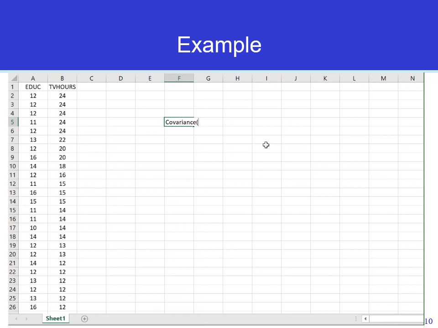So the covariance between education and TV hours watched is equal to, since this is a sample, I'm going to use .S, and then the first array has to be the values for education here. So I'm going to pick all the values here.